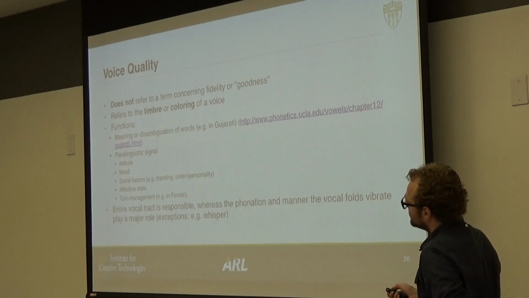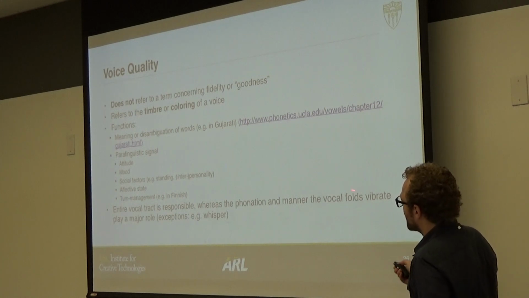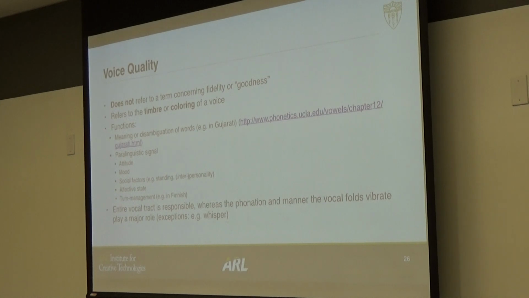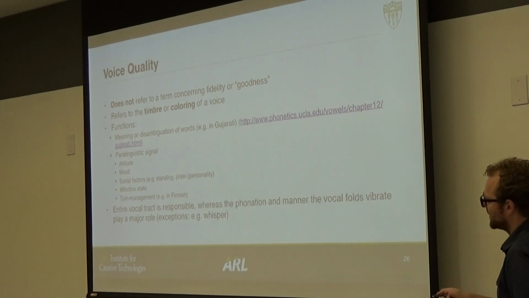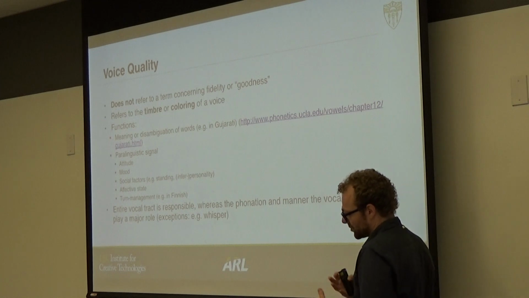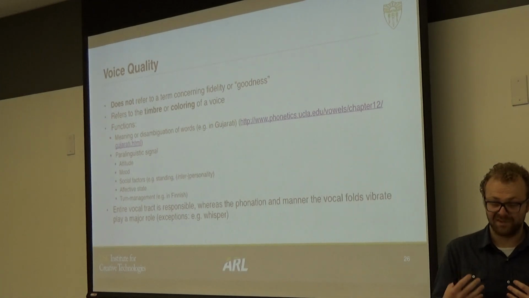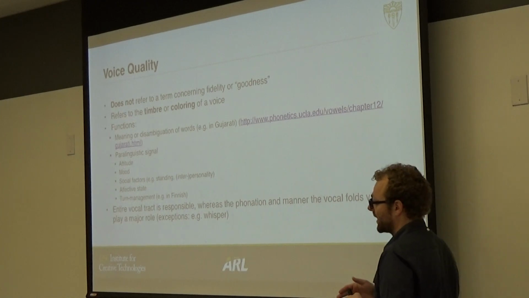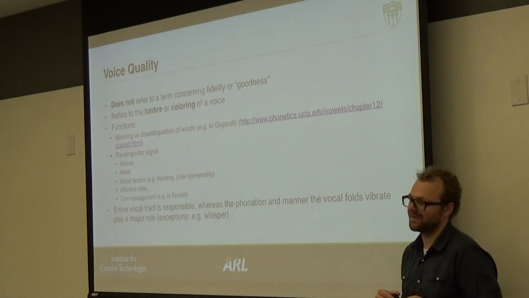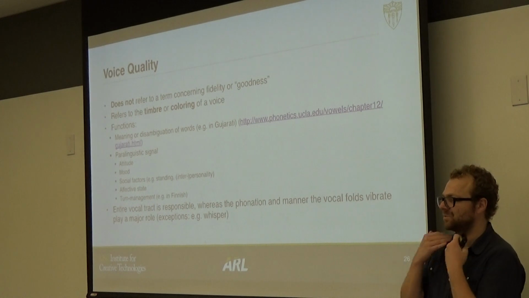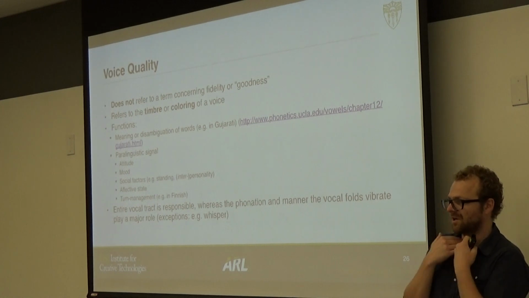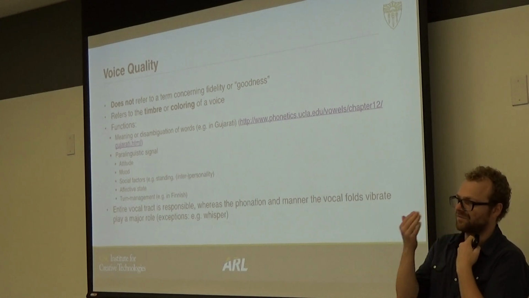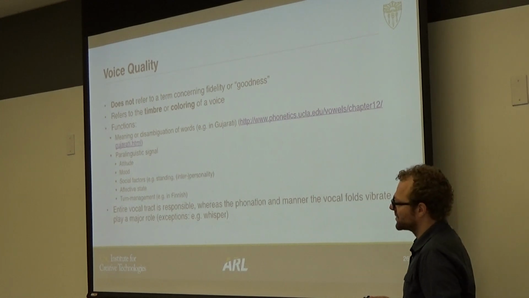And so the entire vocal tract is responsible, whereas the phonation and the manner in which the vocal folds vibrate play a major role in conveying voice quality. So what you want to look at when identifying voice quality differences is the voice source. We talked about how the voice source ends at the vocal folds, and then we have the vocal tract filter afterwards.